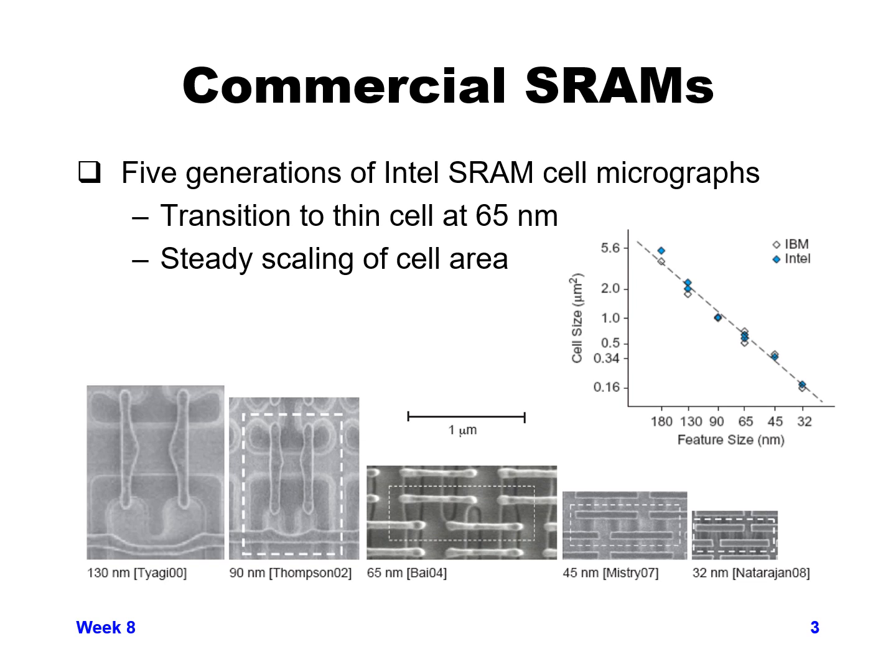Here I'm just showing 5 different generations of SRAM cells. In particular, this is from Intel micrographs, and you can see that in the 130 nanometer and 90 nanometer, it looks like they were using vertical poly, and then when they went to 65 nanometer, they went to horizontal poly and transitioned to what was called thin cell at that point.